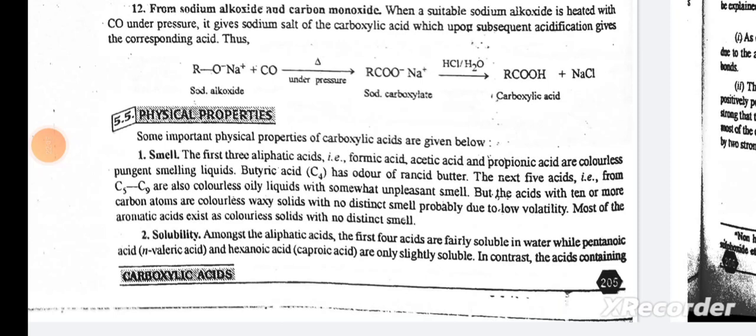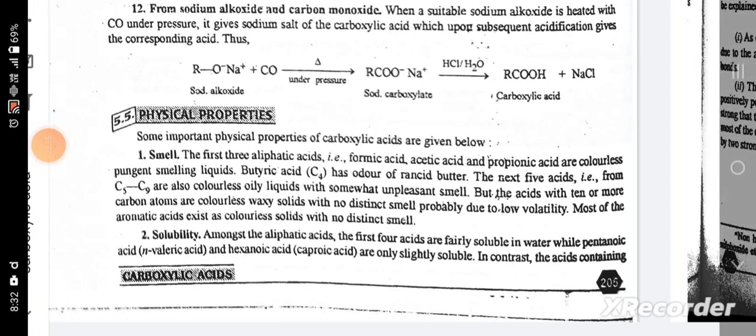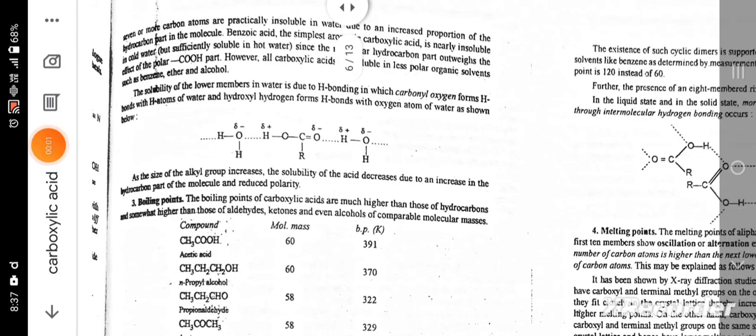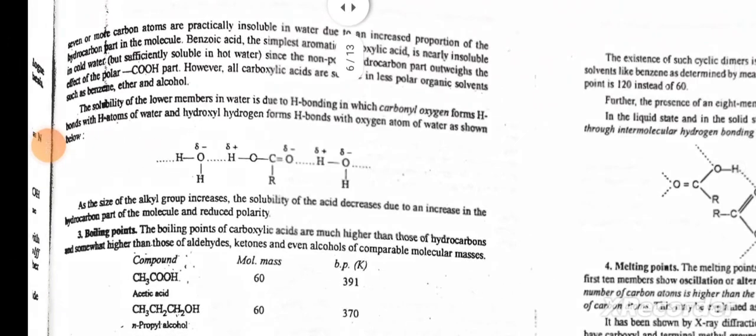Solubility. Amongst the aliphatic acids, the first four acids are fairly soluble in water, while pentanoic acid, valeric acid, and hexanoic acid, caproic acid are only slightly soluble. In contrast, the acids containing 7 or more carbon atoms are practically insoluble in water due to an increased proportion of the hydrocarbon part in the molecule.